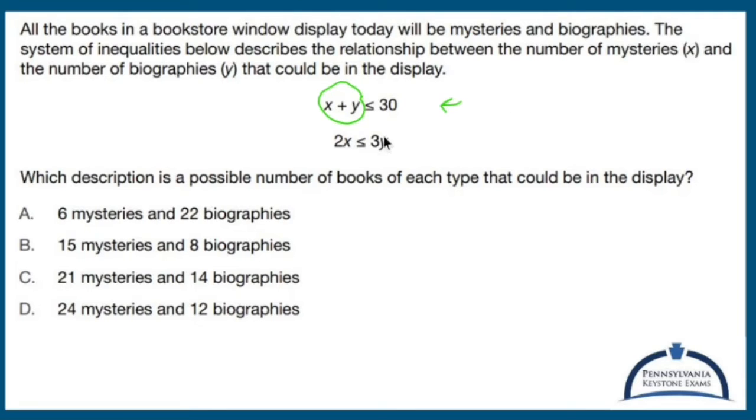Also, 2 times the amount of mysteries must be smaller than 3 times the amount of biographies that I can have. So which description is a possible number of books of each type that could be in the display?